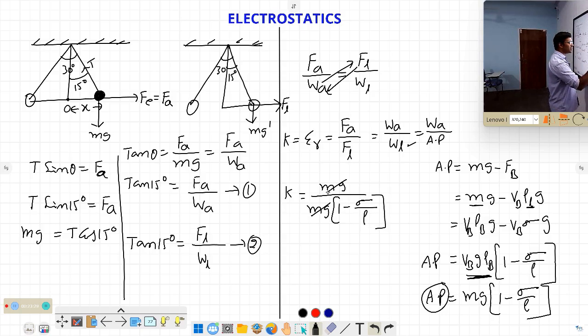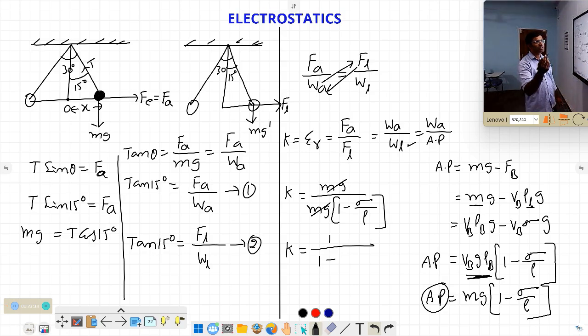Now this mg gets cancelled, so k is equal to 1 by 1 minus sigma by rho. What are the sigma and rho values? In the question they have given very clearly that the liquid density is 800 and the solid density is 1600.